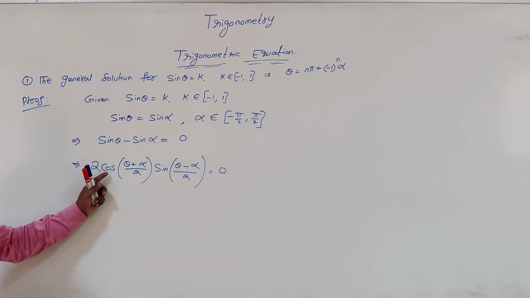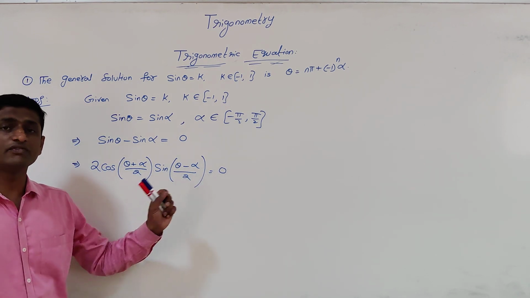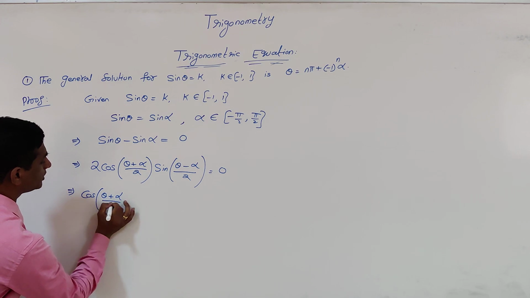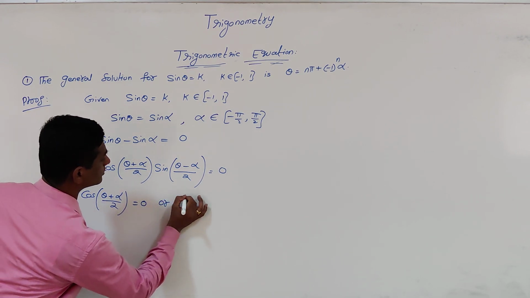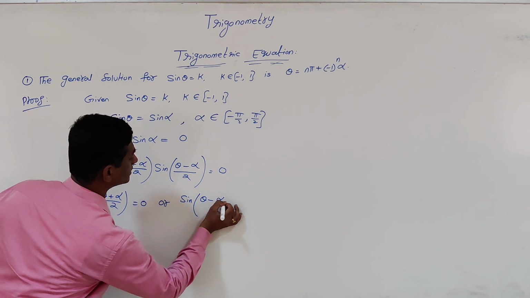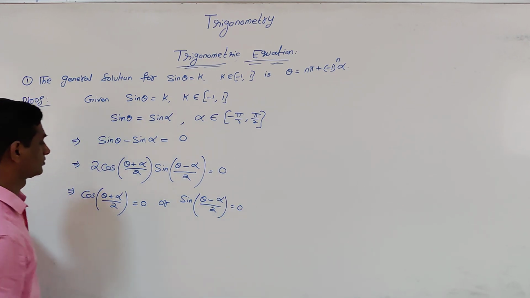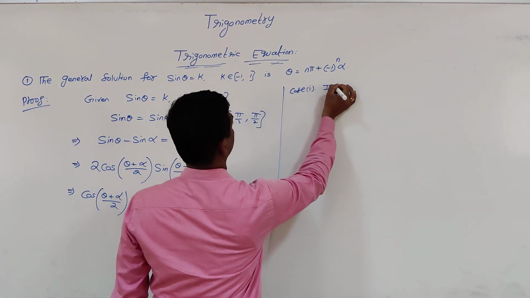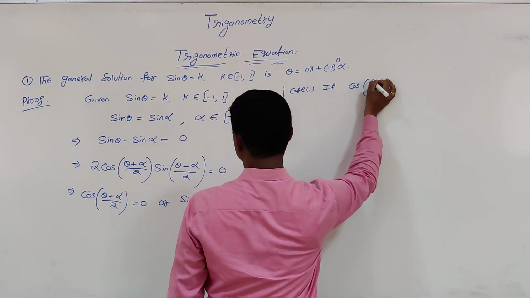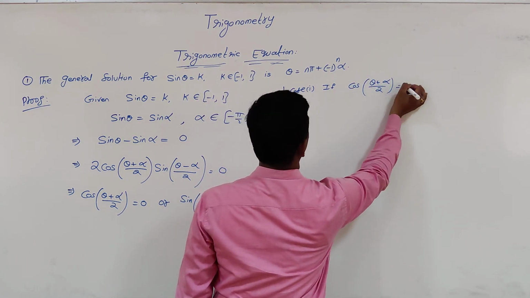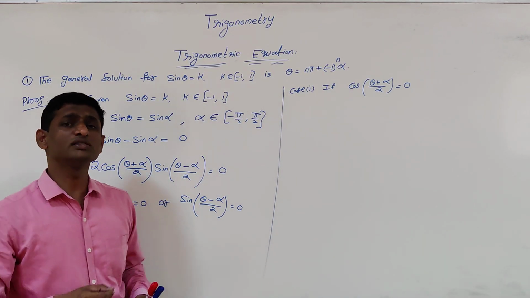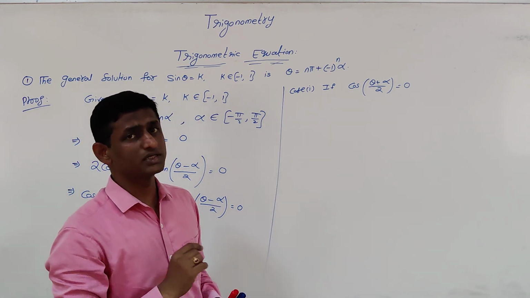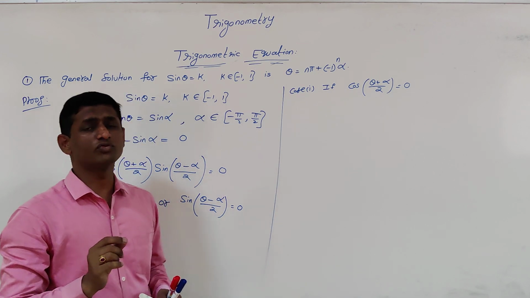Now the product of two terms is 0, meaning any one of them will be 0. That is cos of (theta plus alpha) by 2 is equal to 0, or sin of (theta minus alpha) by 2 is equal to 0. So case 1: if cos of (theta plus alpha) by 2 is equal to 0, it is in the cos theta is equal to 0 form. Just now we have seen the general solution for cos theta is equal to 0 is (2n plus 1) times pi by 2.